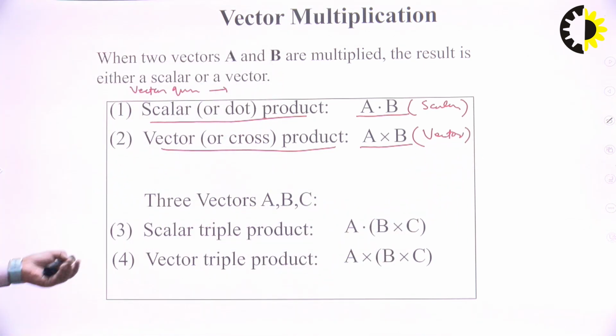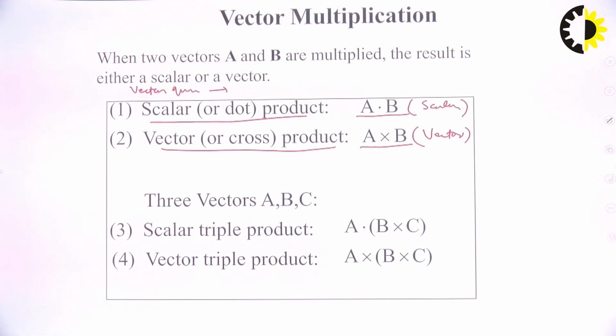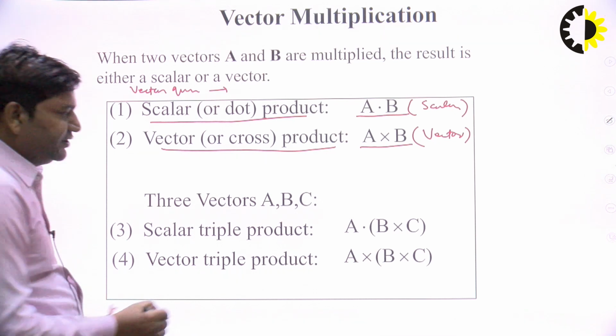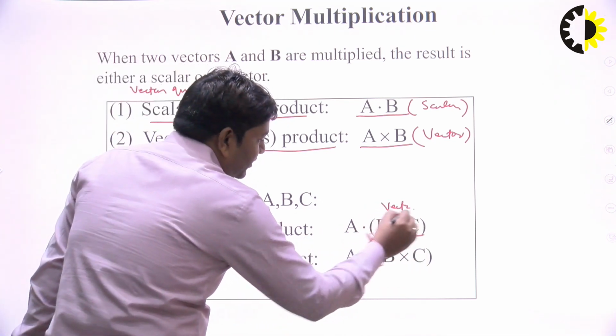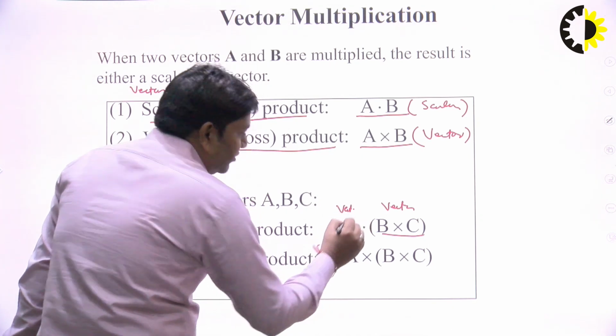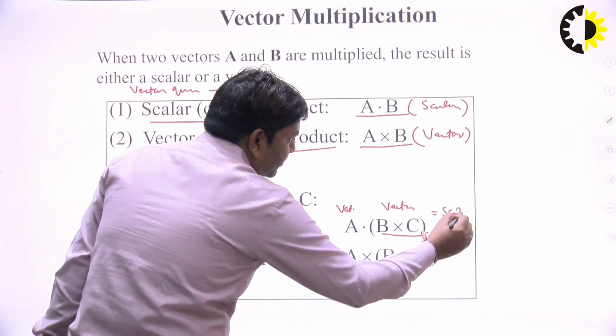And the same with three vectors a, b, c. The scalar triple product is a dot b cross c. So b cross c gives a vector quantity, and vector dot vector gives a scalar quantity.